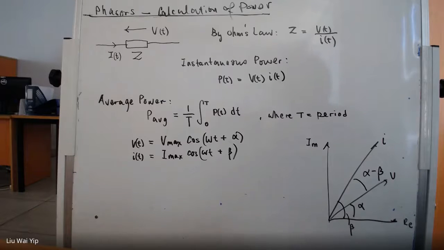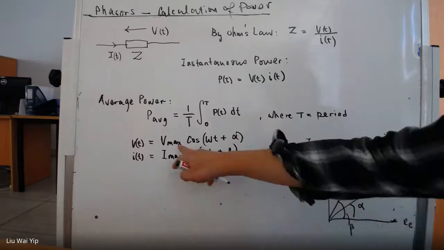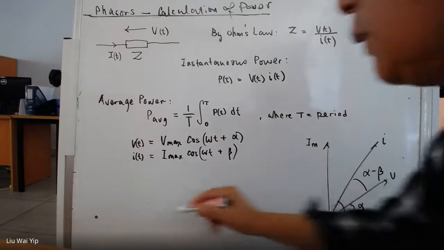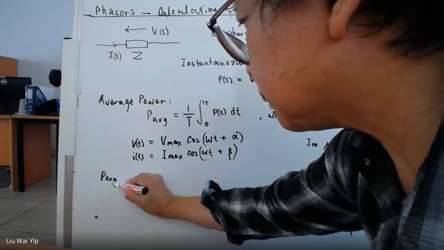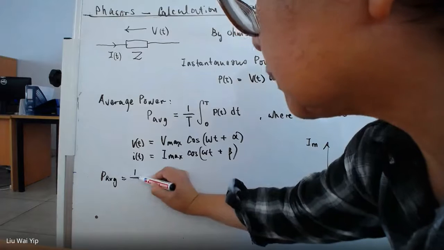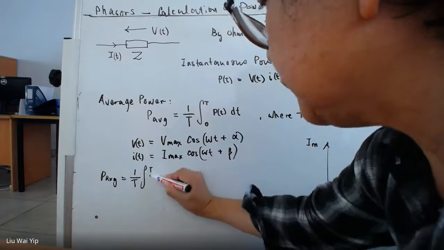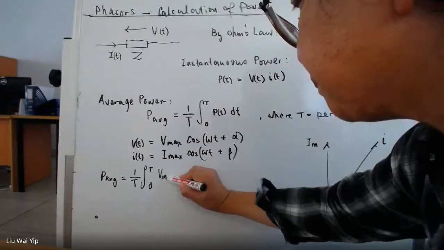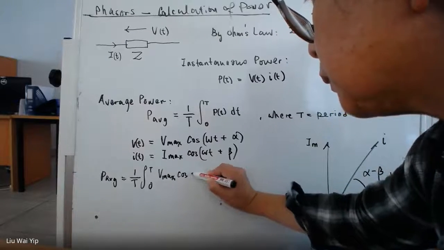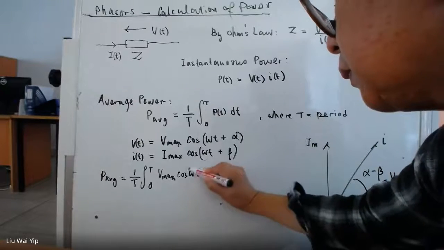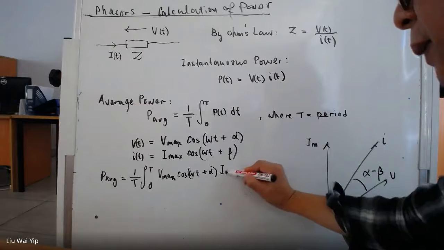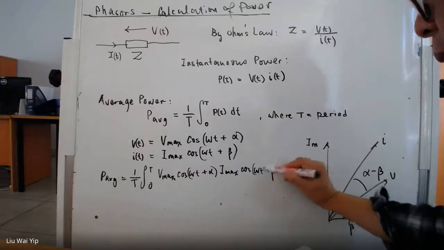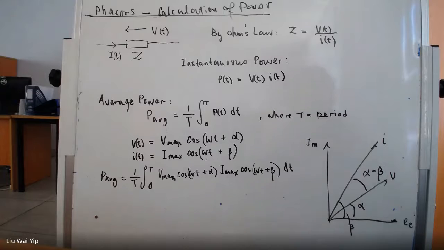And now if we do the calculation, if we substitute the Vt, It into this expression, then what we are going to get is 1 over T, the integral from 0 to T, of Vmax cos omega t plus alpha, times Imax cos omega t plus beta, dt.